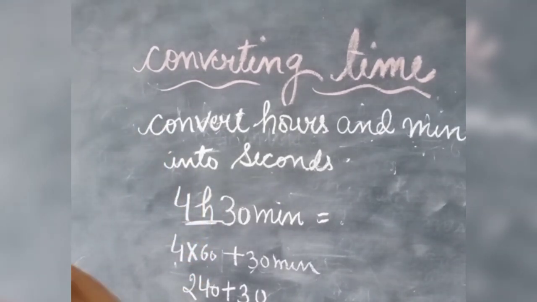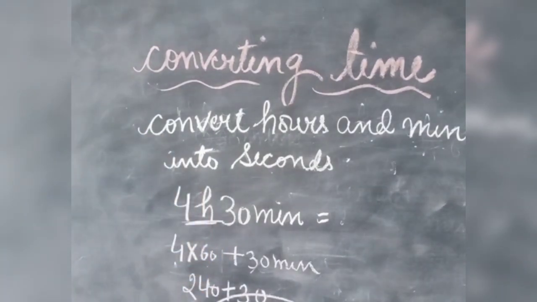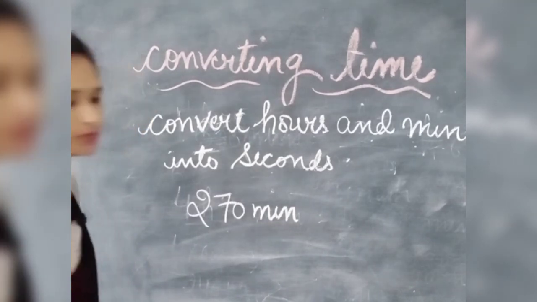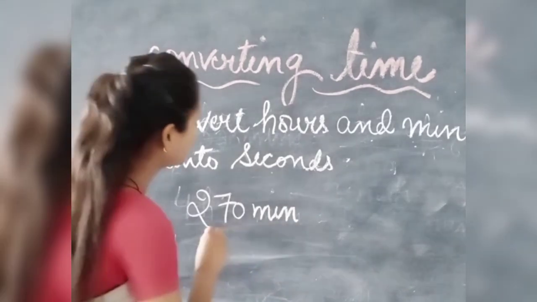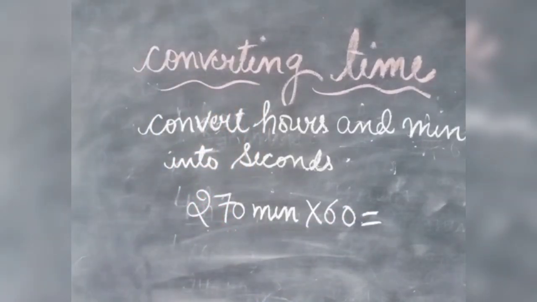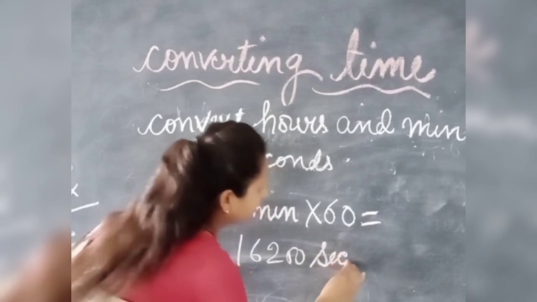Now you have to convert this minute into seconds. So now you can easily convert 270 minutes into seconds. 270 minutes is our answer from solving 4 hours and 30 minutes. 270 multiplied by 60 is equal to 16200 seconds.